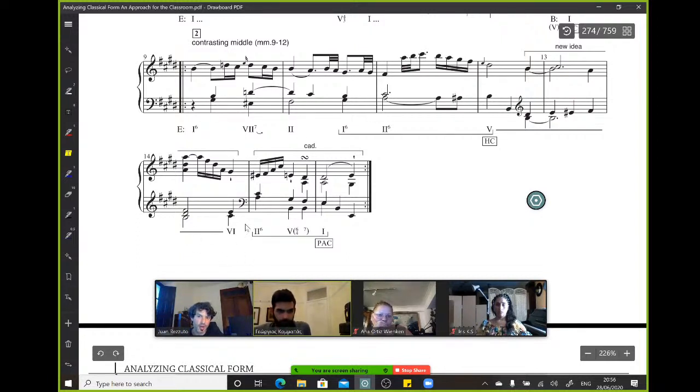Again, a contrasting middle that is quite long has a half cadence, but it didn't really settle on anything distant from E. So I think it's a good choice to add a bit of color.